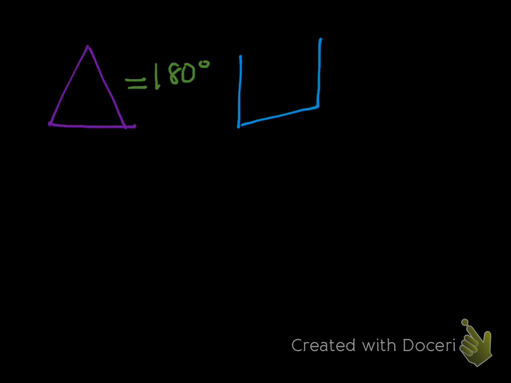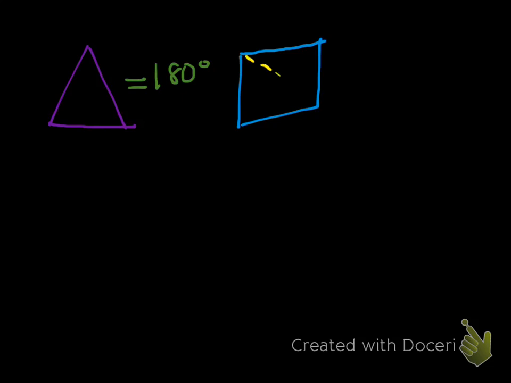All right, so now let's talk about interior angles. All right, so if I have a triangle, okay, can I draw a diagonal on that? I can, right? And I know that a triangle is equal to 180 degrees, right? You guys all know that. All right, if I have a quadrilateral, how many diagonals can I draw?